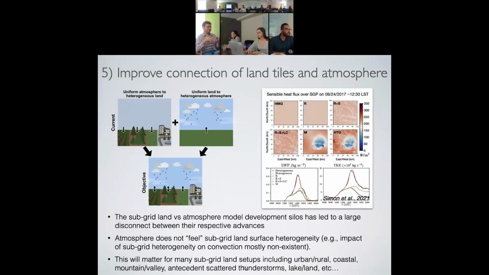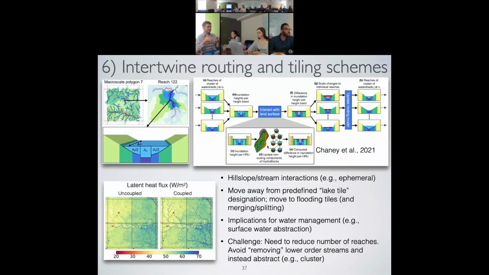This structure, imposed by a scattered thunderstorm the previous day, leads to secondary circulations by these large patches, which then leads to enhanced cloud development. So everything else being the same, simply the structure of the heterogeneity can have a big role in the cloud distribution. The other one is intertwining routing and tiling schemes.